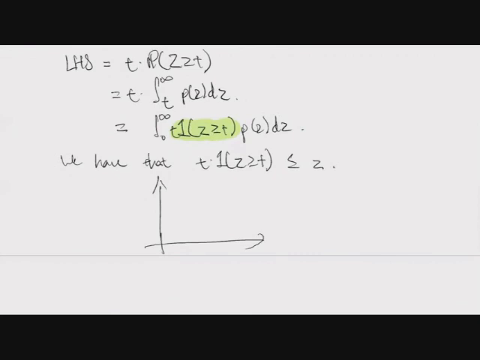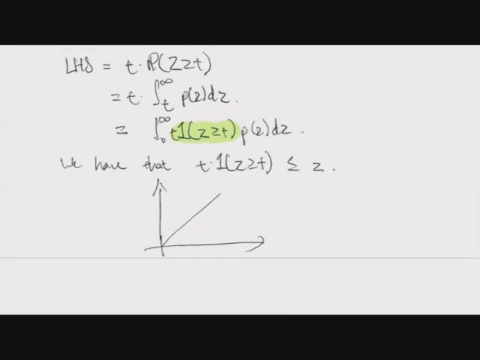The function f(z) equals z looks like this, and then the function on the left-hand side, let's do it in blue, is going to look like this, where this is the value t.